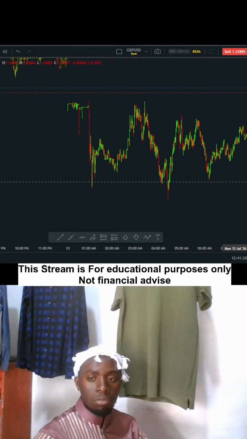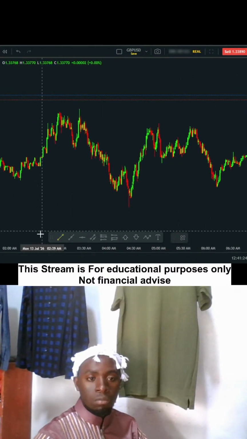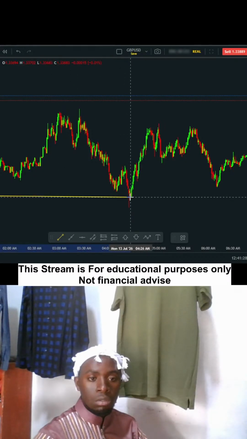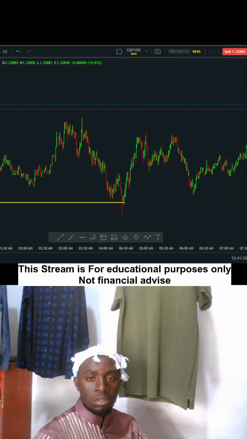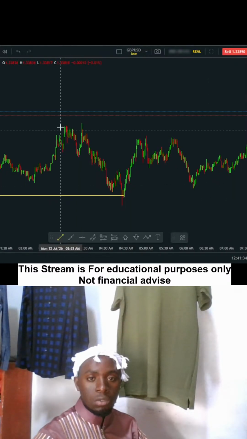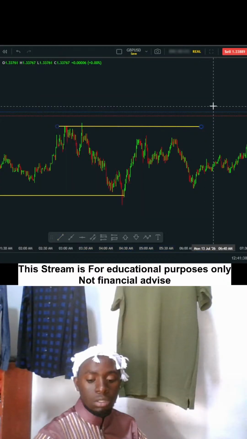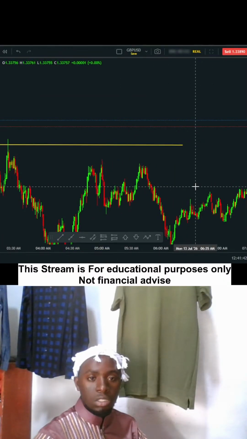So actually, I'll first mark this flow here, then we can begin from there. This flow right there, and boom. Which high led to that break? Probably this one right there. That's the high that led to the break of structure.